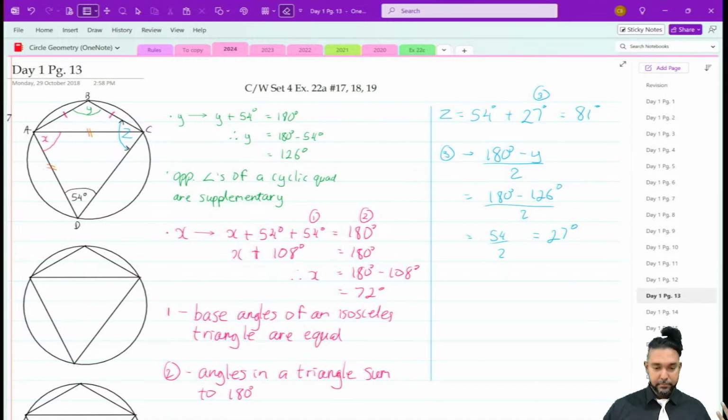Right? And to explain why, you could also cite here that reasons 1 and 2 also apply here.